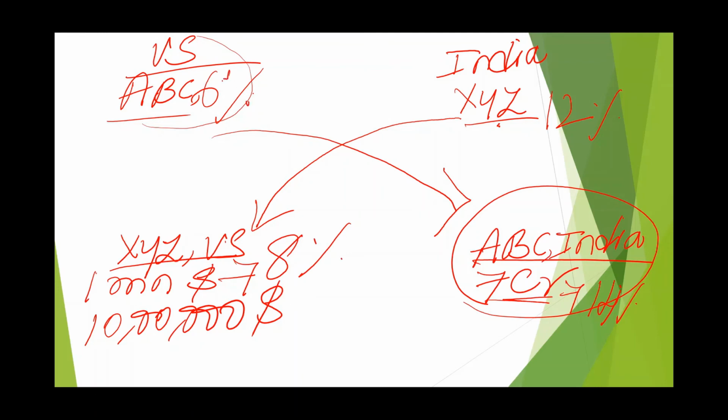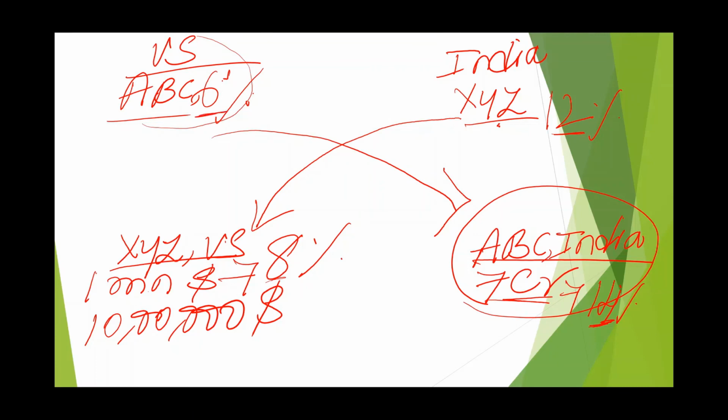Now, how to solve the problem of both companies? US ABC company, if they raise money in India, will pay 14%, whereas for the same amount, Indian ABC company can get it at 12%. In the same way, XYZ US company, if they raise $1 million, will need to pay 8%. The same amount can be raised by US ABC company at only 6%.